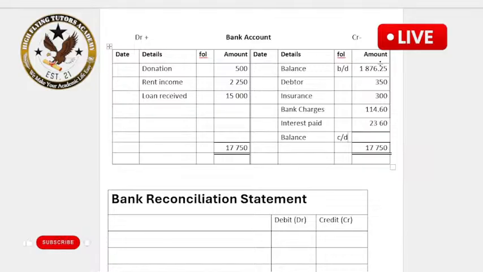Put the amount on the chat quickly. How much is it?